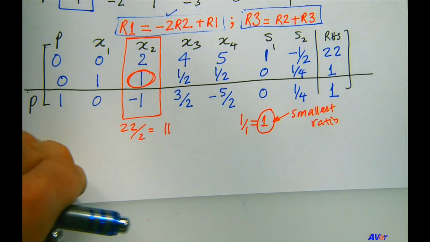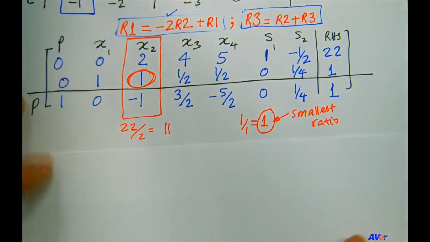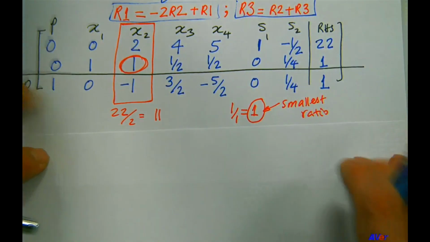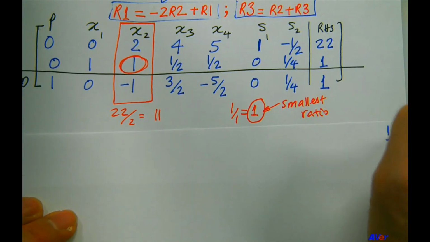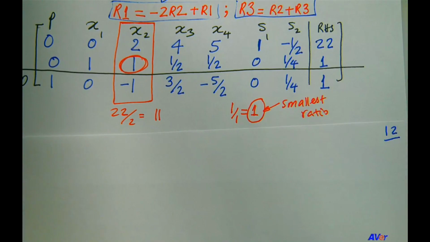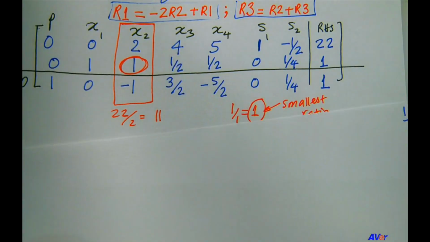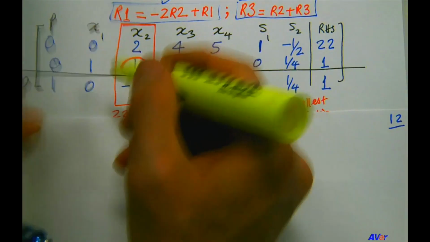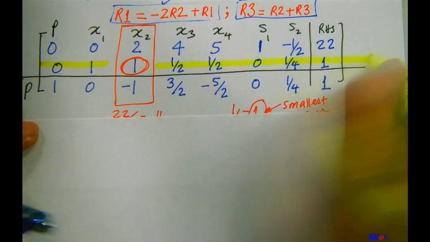Okay, so now the row operations for accomplishing that are as follows. This second row is still our pivot row, that one.